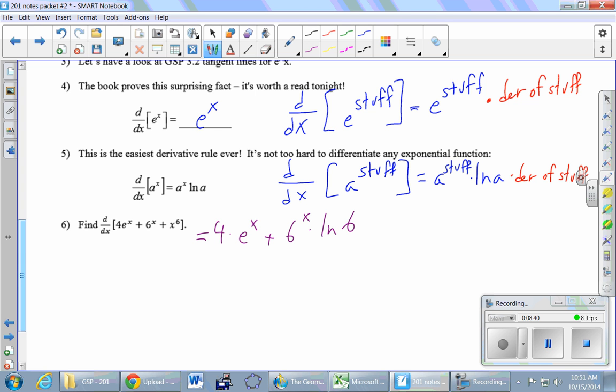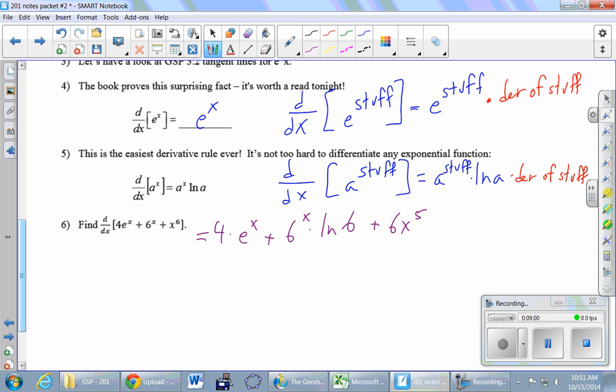Okay, and then one more plus, and then the derivative of x to the 6th, 6x to the 5th. So we really have to start being aware of these subtle details. X to the 6th and 6 to the x, they sound the same, they almost look the same, but you've got to be really clear because their derivative rules are quite different from each other.